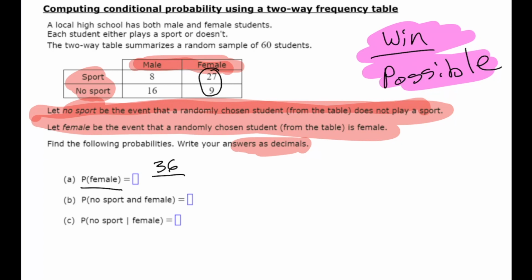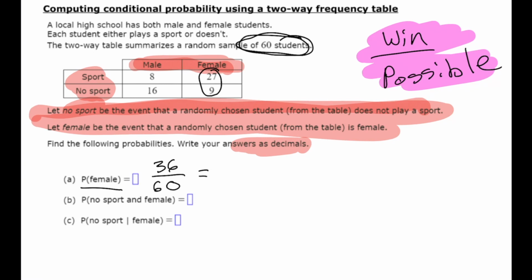That's going to be divided by the total number of possible people that we could select from the group. Well, our sample size, it says right here, is 60 students. So we have 36 women out of 60 total students in our two-way frequency table.